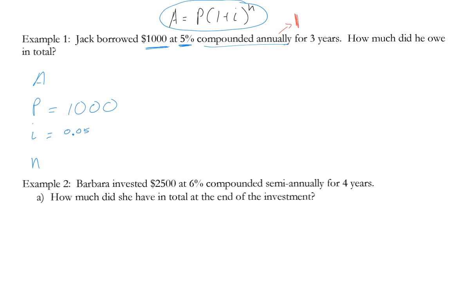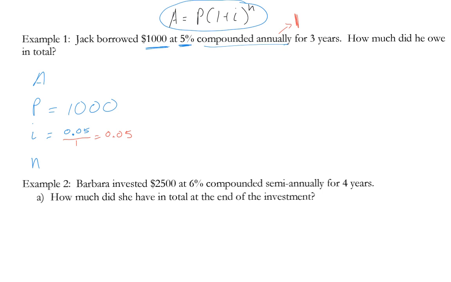And then you're going to divide it by 1, which gives us 0.05. The reason we did that is because when we compound annually, we're literally just dividing the rate by 1. You'll see what I mean by that later.